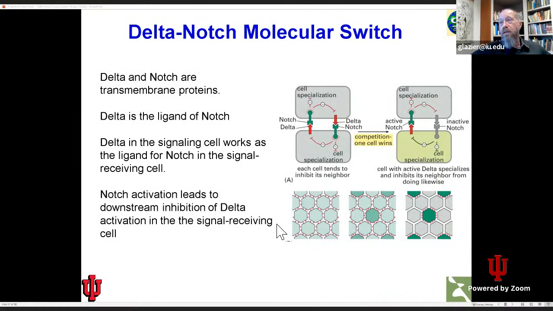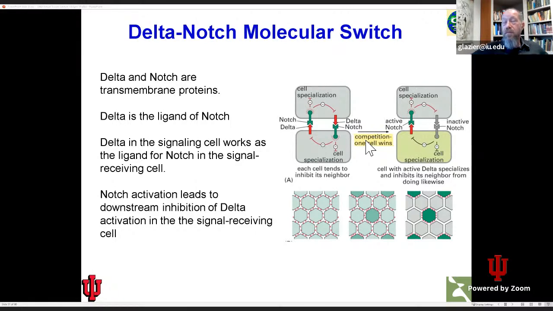These are transmembrane proteins, and they're what is called a receptor ligand pair. That is, delta binds to notch in trans, that is across pairs of cells, and notch binds to delta. When delta binds to notch, it activates notch and sends a signal.